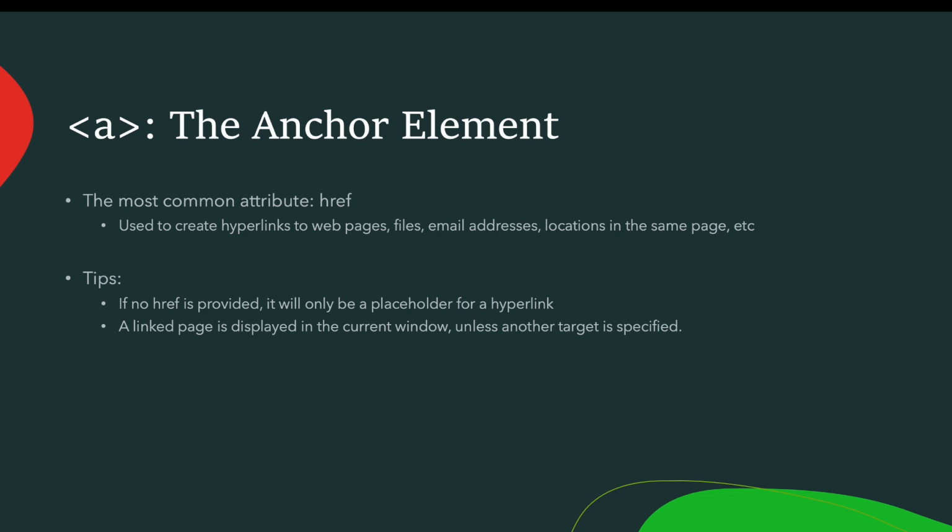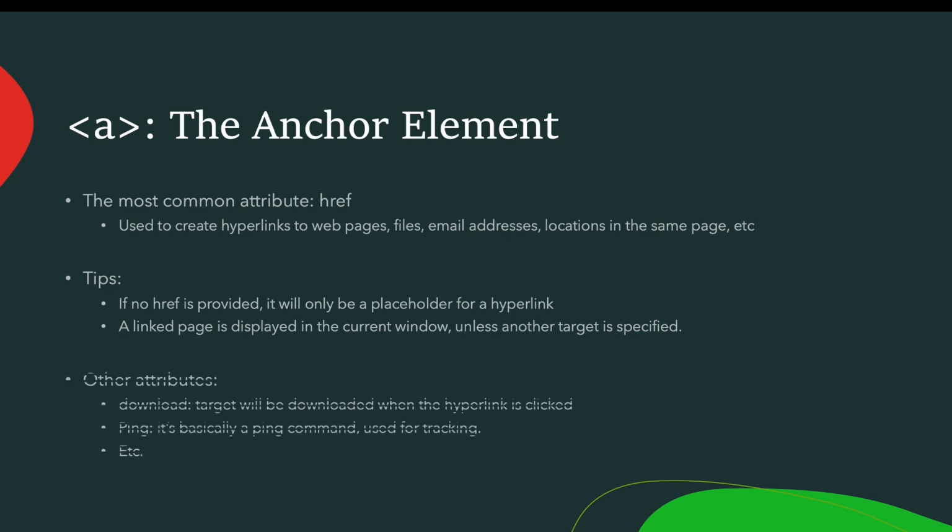And the second tip is that a link page is basically displayed in the current window, as we will see in the demonstration. If you want to create a new window when you click on it, then you'll have to tell it to do that.